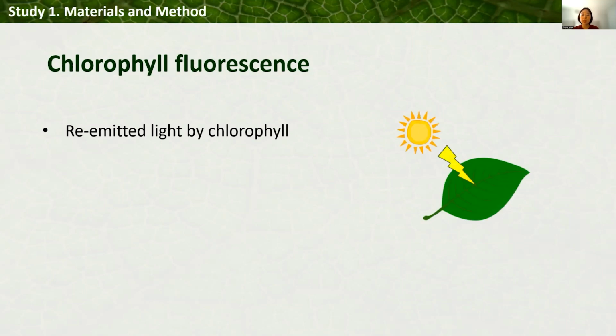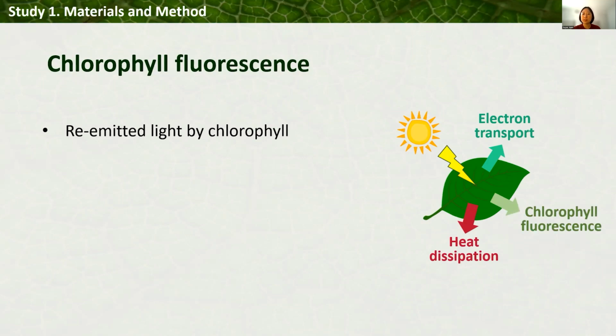When leaves are exposed to sunlight, some of the light energy will be used for electron transport, which is what we want, used for photosynthesis. Excessive light will be dissipated as heat, because not all light energy can be used for photosynthesis. And a small leftover fraction of light energy will be re-emitted as chlorophyll fluorescence.